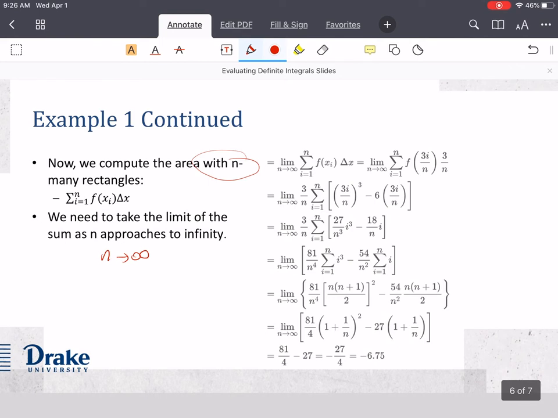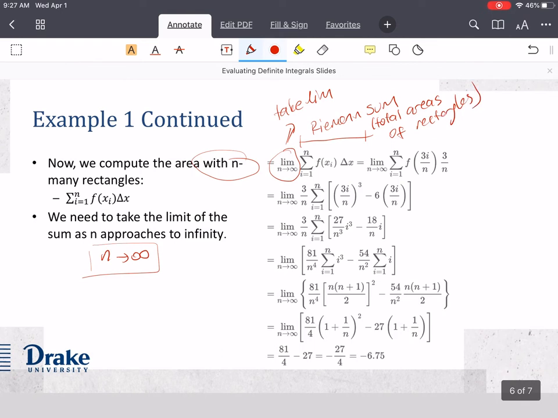So because of that reason, I'm going to do n goes to infinity. So the way I'm going to do that is I'm going to take the limit of this Riemann sum. Okay. So again, this Riemann sum represents the total areas of rectangles.